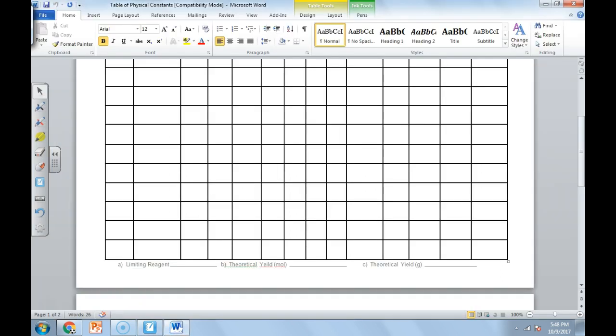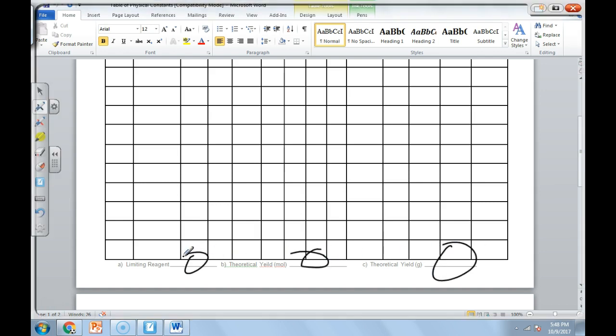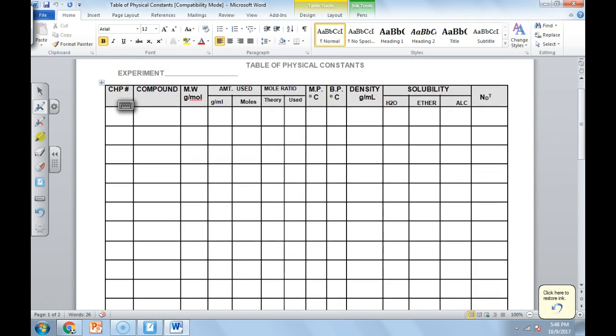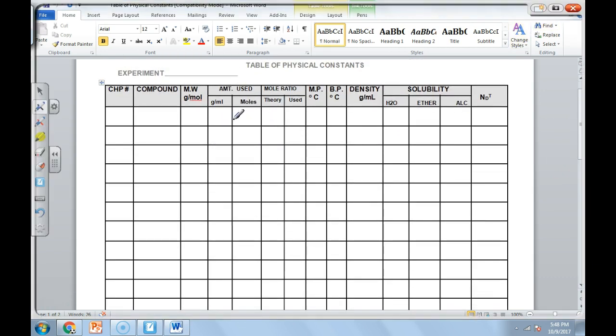And so then that's going to go down here on this line. So that goes over those 3 lines here, and it goes over what to put in for this, this, and this column. In future labs, you may actually have to convert to moles and use what you know to convert to moles.